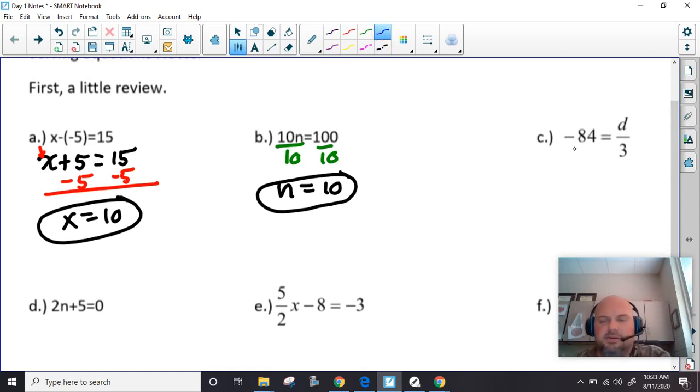Cruising along. Now remember, you can pause and rewatch these videos at any point in time. I know y'all know how to do that. Okay, so right here, we have d over 3. So that's being divided. So we got to do the opposite, and we got to multiply. Now, I know this is going to be a negative. If you see my eyes going off screen, that's because I'm using a calculator.